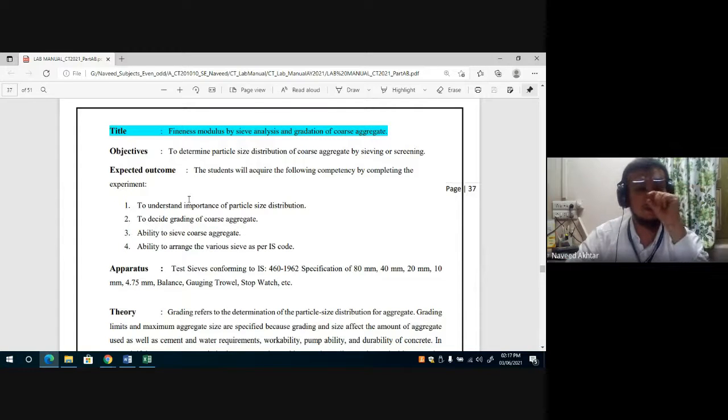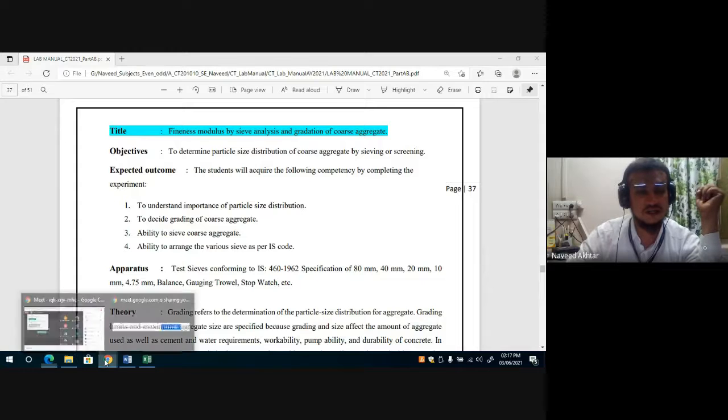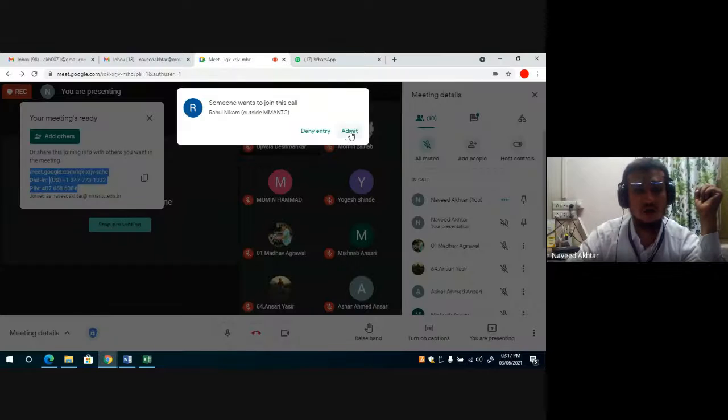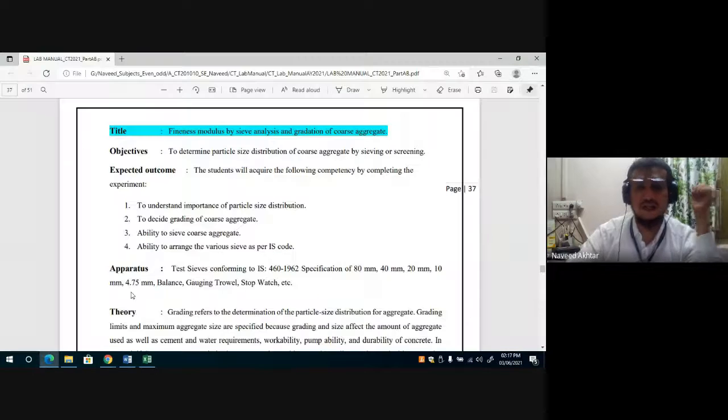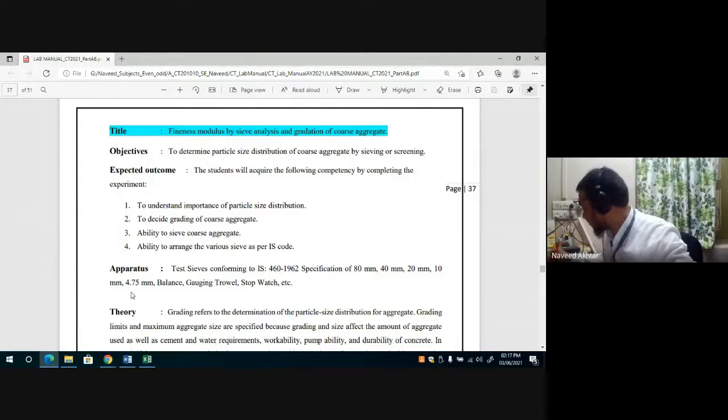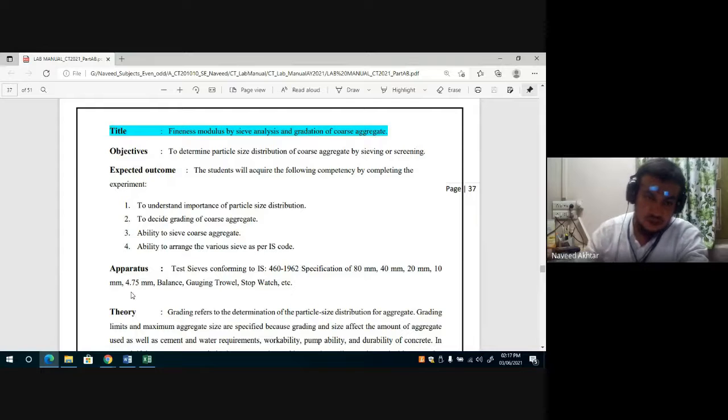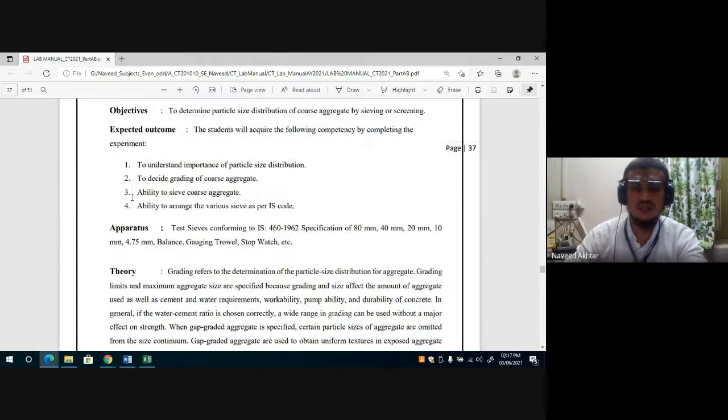Also, you will be able to decide the grading of coarse aggregate, how you can grade the aggregate by different sizes, and the ability to sieve coarse aggregate. Also, you will get the knowledge and ability to arrange the various sieves as per the codes.